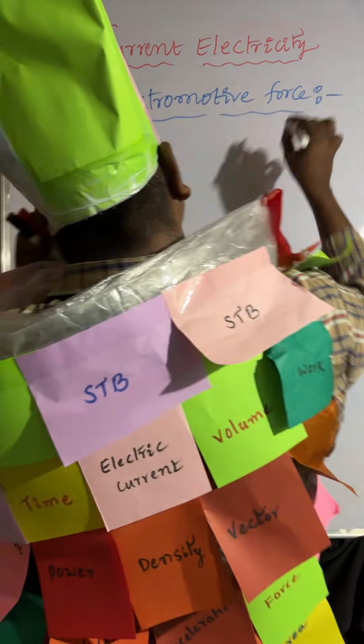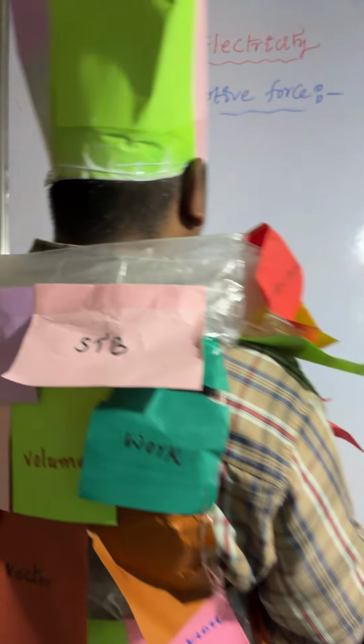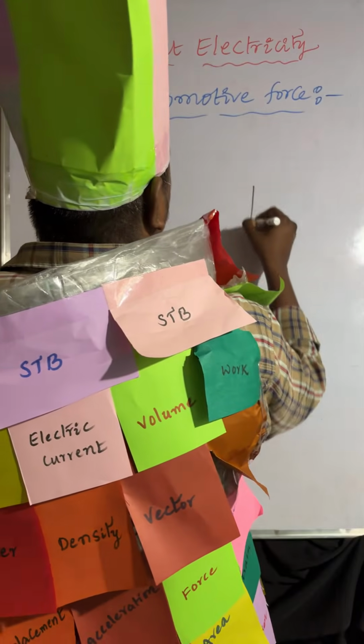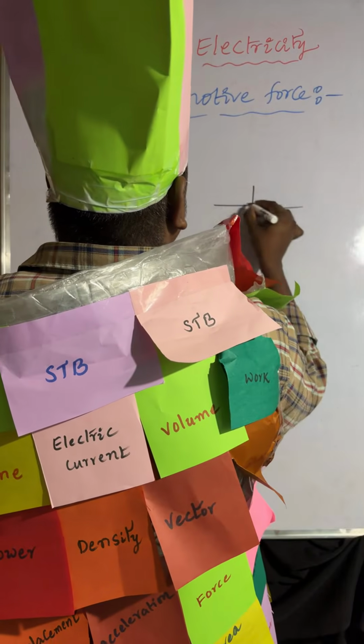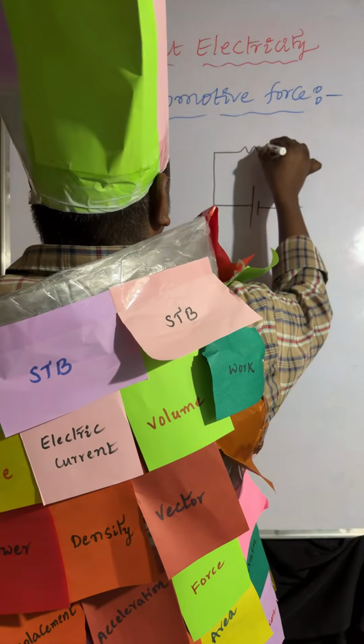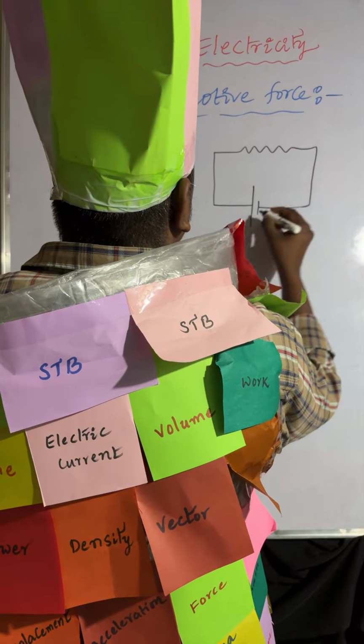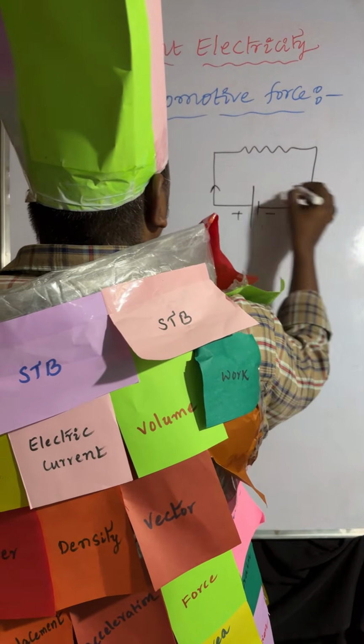Electromotive force. Understood or not? Normally, you can see here this is the cell and this is the resistor. Current is passing like this.